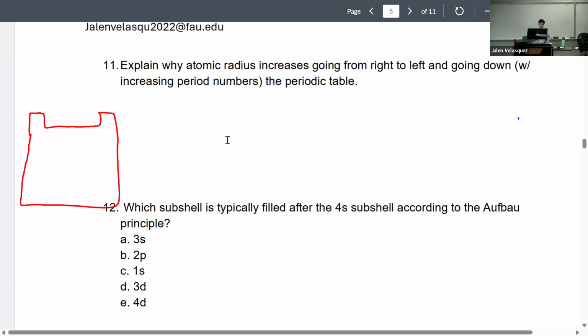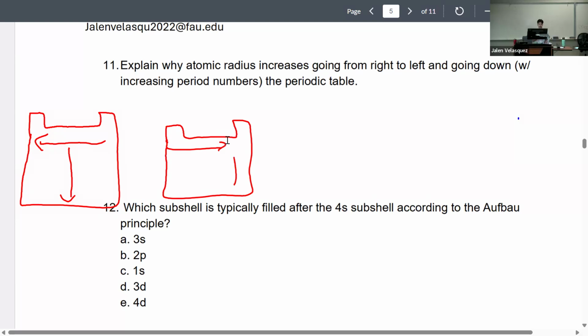It increases going left, and it's increasing going down, right? For the most part, all of the other periodic trends like ionization energy, electron affinity, electronegativity, which is important to us, they mostly increase going to the right and going up, right? So atomic radius is the one that's inverse to all the others.